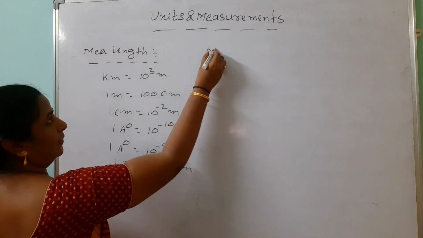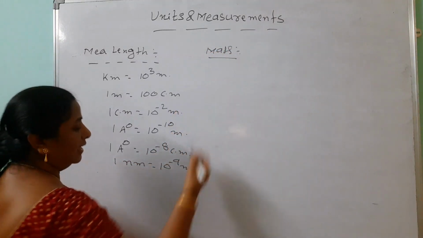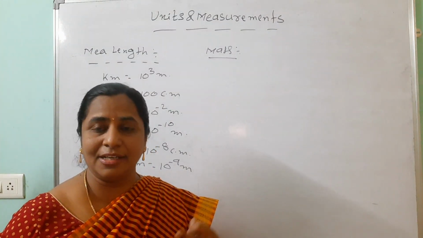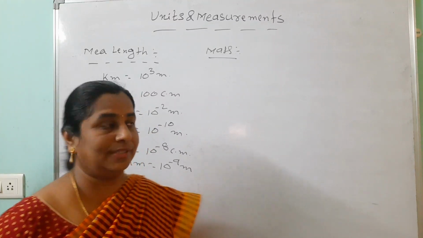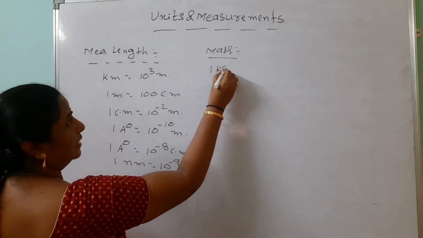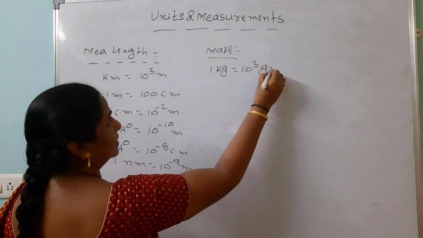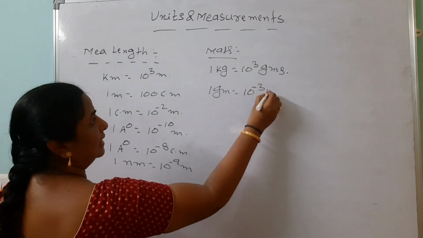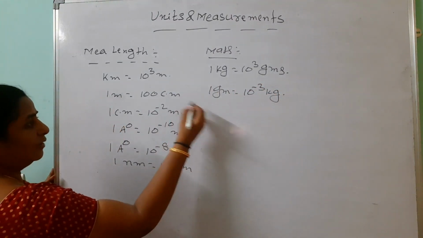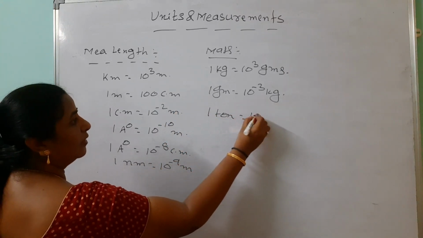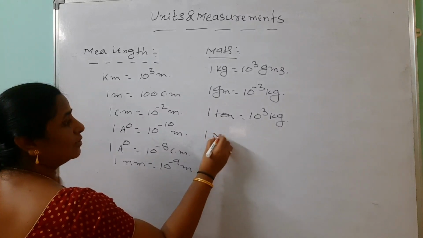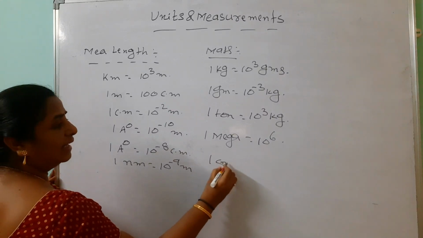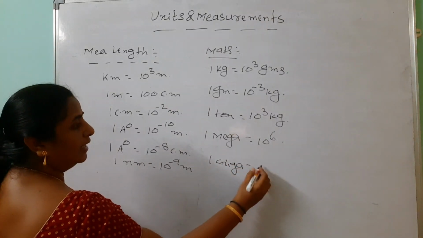Like that, mass is there. Heavy objects we represent in kg. More weight we can express in terms of tons, and in terms of megaton, million tons also. Look here, 1 kg equals 10 to the power of 3 grams. 1 gram equals 10 to the power of minus 3 kg. 1 ton equals 10 to the power of 3 kg. 1 mega, or million, is 10 to the power of 6. 1 giga is 10 to the power of 9.